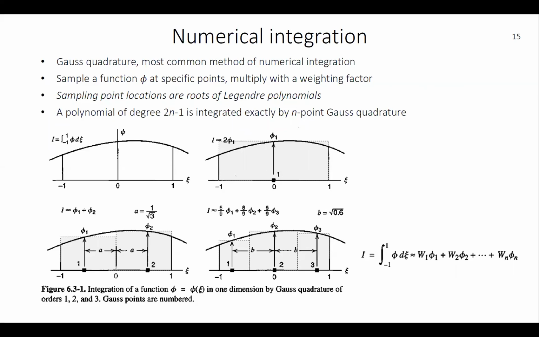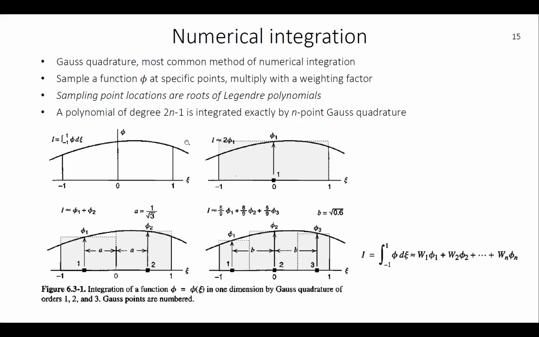It's slightly different compared to, say, the trapezoidal rule, because it gives much better accuracy for higher order polynomials. So we define a sample function phi, illustrated here.